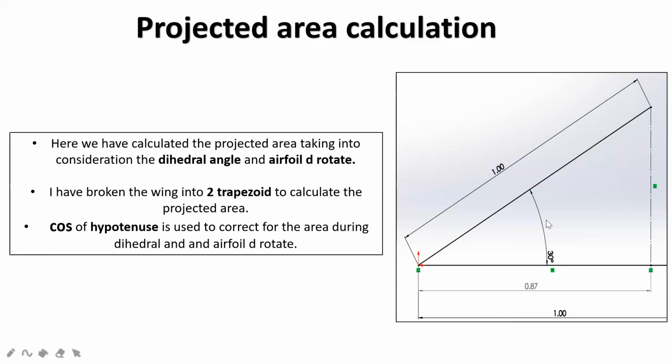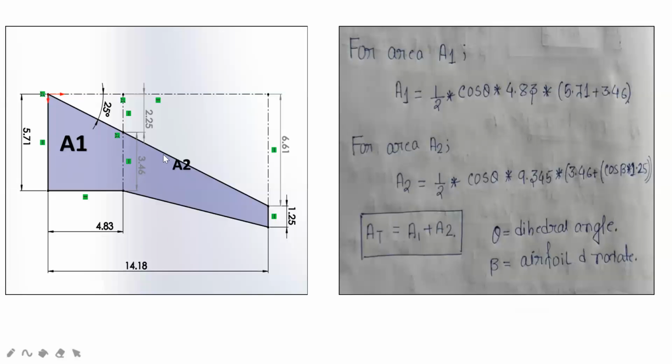Next, the projected area calculation. As we discussed, we have divided the airfoil into two parts, A1 and A2. To get the projected area, we will find each area using the trapezoid formula. These two lengths are parallel to each other, and this is the perpendicular distance between them. So the value of A1 is half into cos theta of 4.83 into the summation of the two parallel lengths, that is 5.71 plus 3.46.